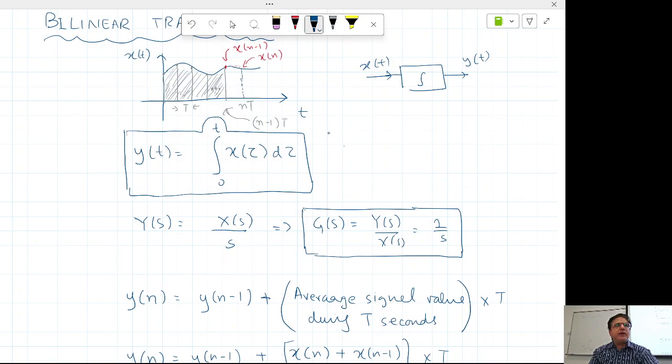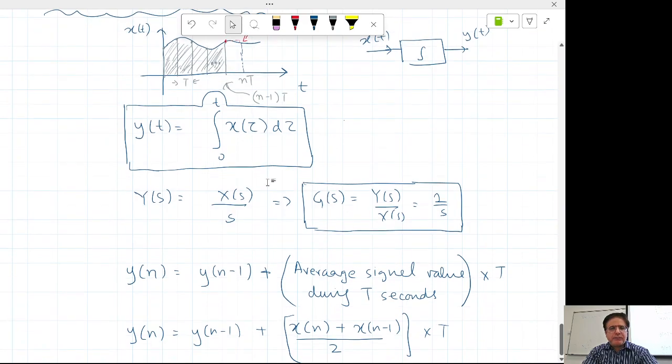I want to take the approximation of this process in the discrete time case, right? So this is the continuous time case. So this output y of t is just the integral of the input signal from 0 until t, right?